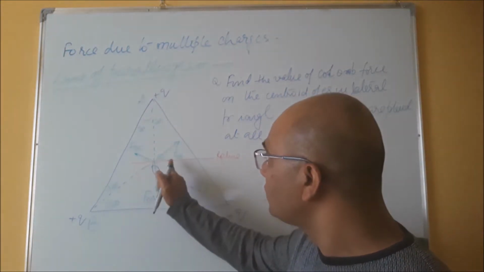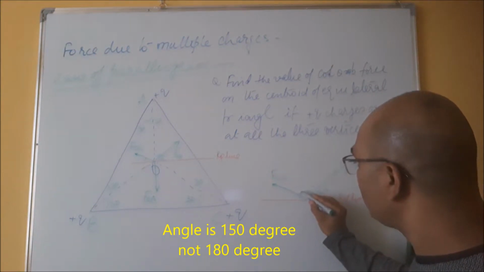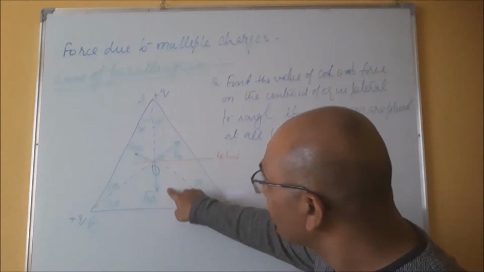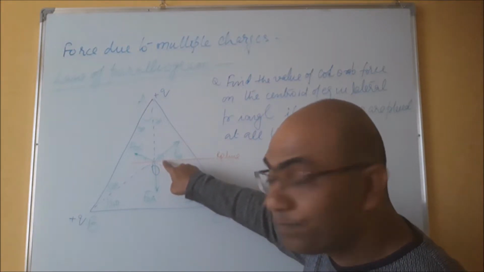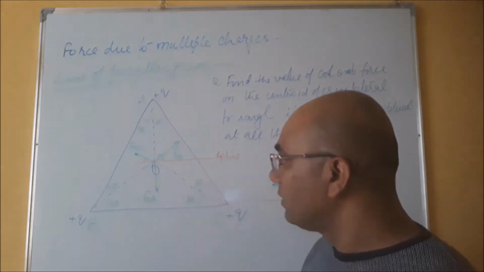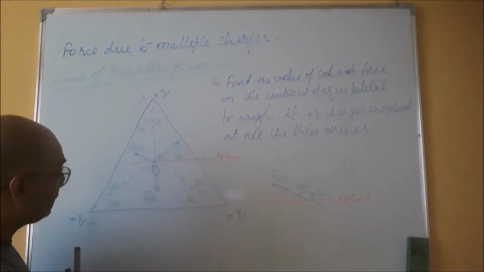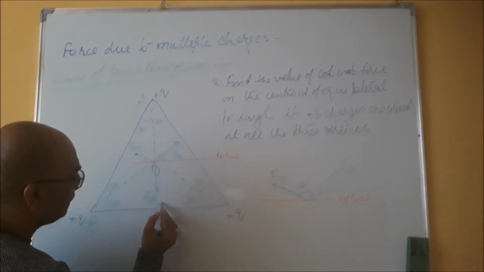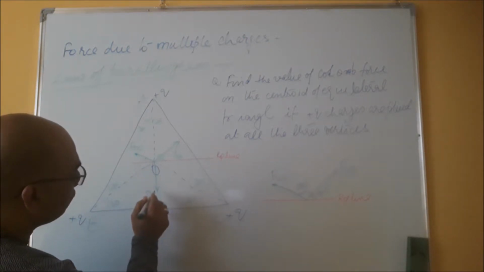And if this is 30 degree, what is left? This one is 180 degree. So if I take the angle from this line, this will be 180 degree. Is it fine? Right? So this makes this angle 90 degree. If this is 90 degree, what is left? This is clear, no? If I go up to this point, this is 90 degree, and this is 30 degree, so what is the value of this?